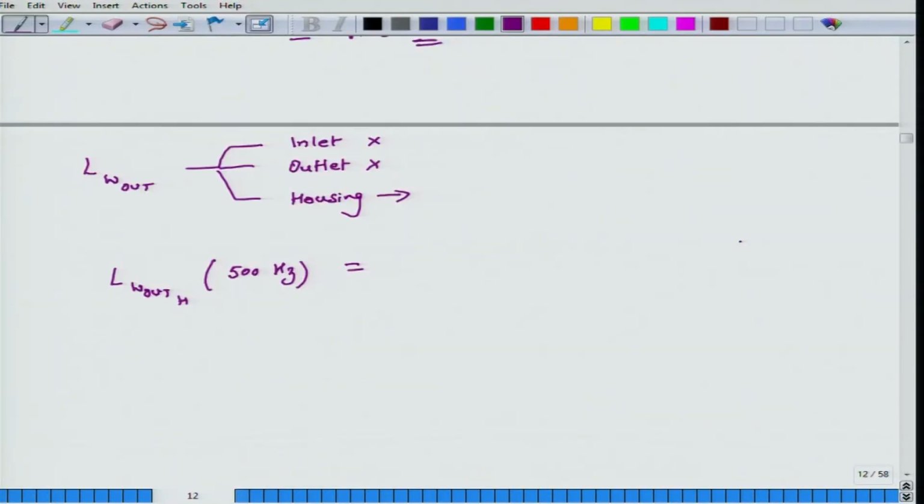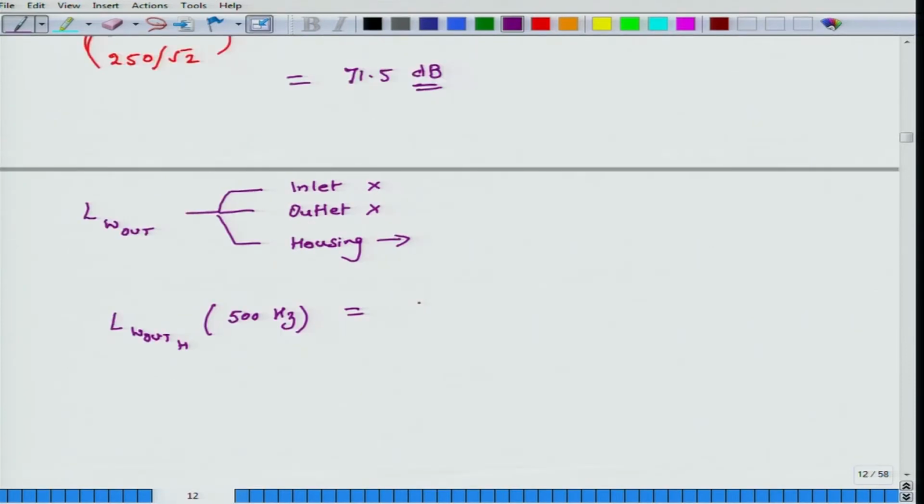So, using these terms, LW out for housing at 500 hertz is how much? 69.5 minus, what is the number? 33. So, 6 minus 3, 36.5 decibels.